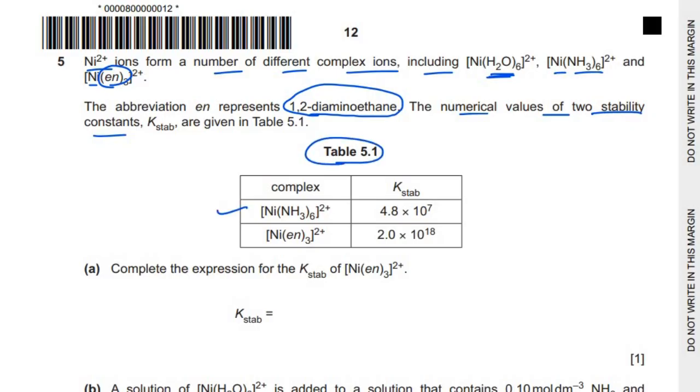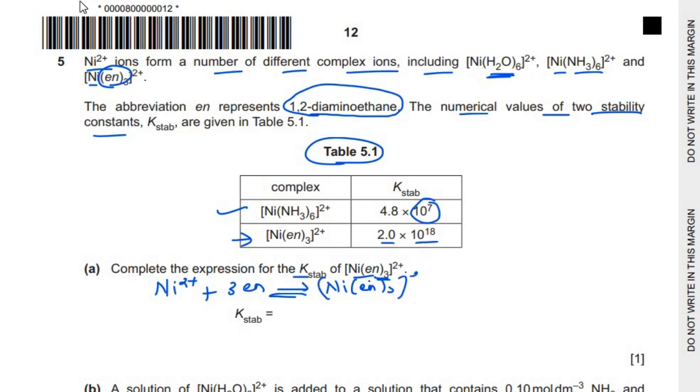So if nickel forms an ammonia complex, the stability value is 4.8 into 10 power 7, and if it forms a complex with the diaminoethane, its stability value is 2.0 into 10 power 18. Now complete the expression for the K stability value of nickel with the diaminoethane complex. So if we write an equation where nickel in the 2+ state is reacting with, you can see here there are 3 ligands used, so 3 en ligands, then it will form the complex which is shown here.